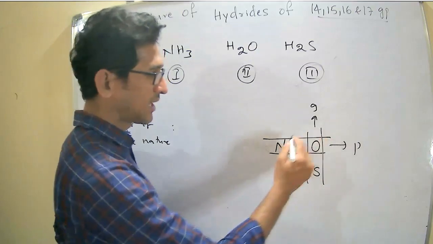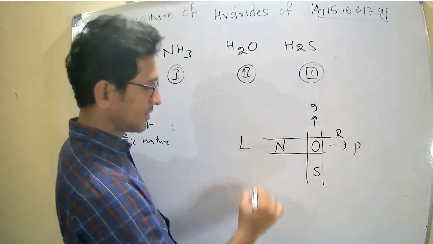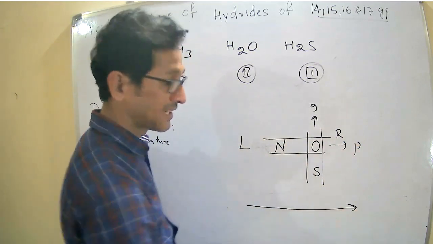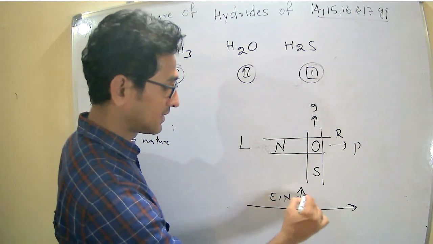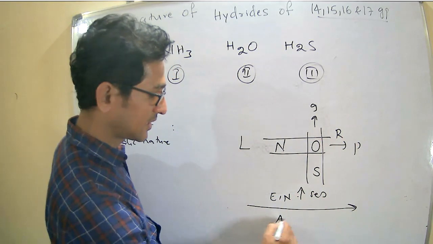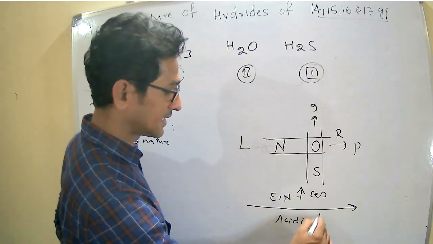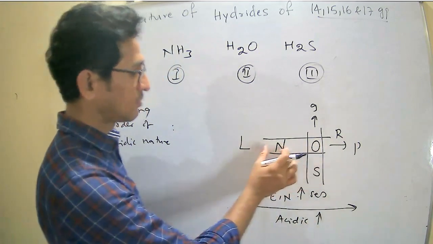In the periods, from left to right, what happens? Electronegativity increases. Therefore, acidic nature increases.